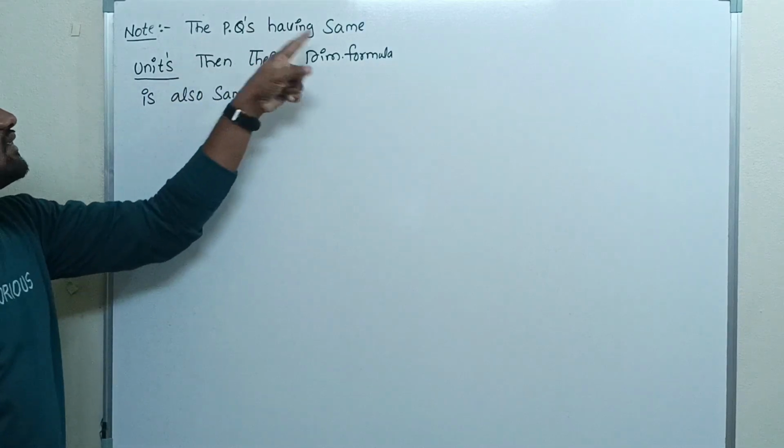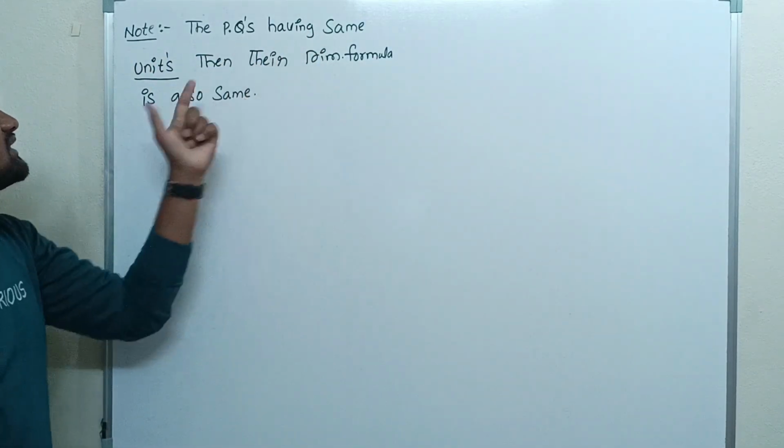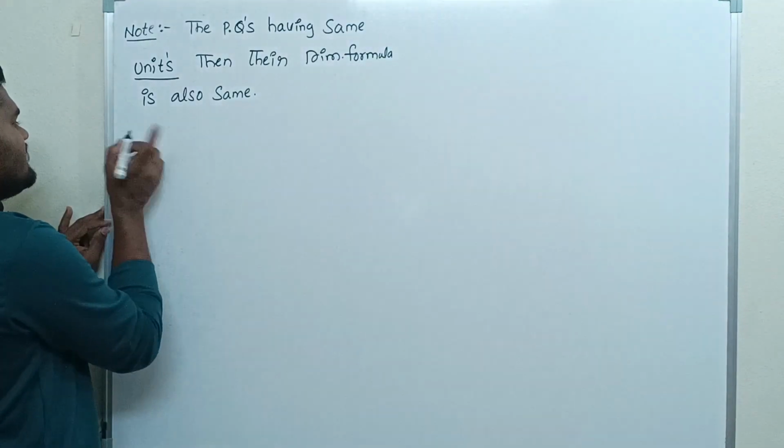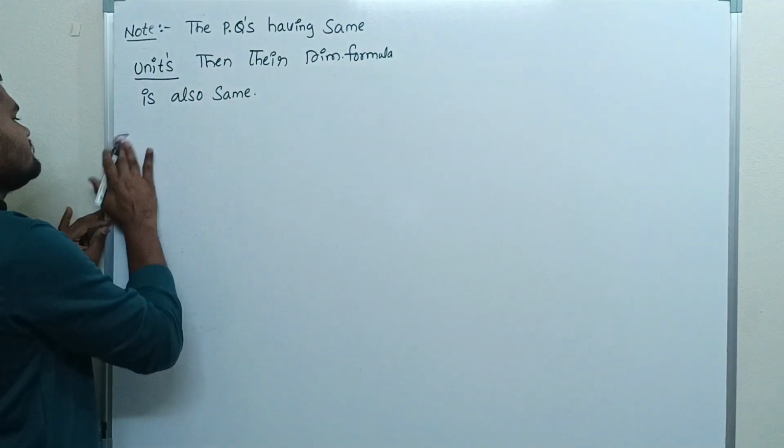What is the note? The physical quantities having the same units, then the dimensional formula is also same. Right. So we are finished with 10 formulas and the 11th one.